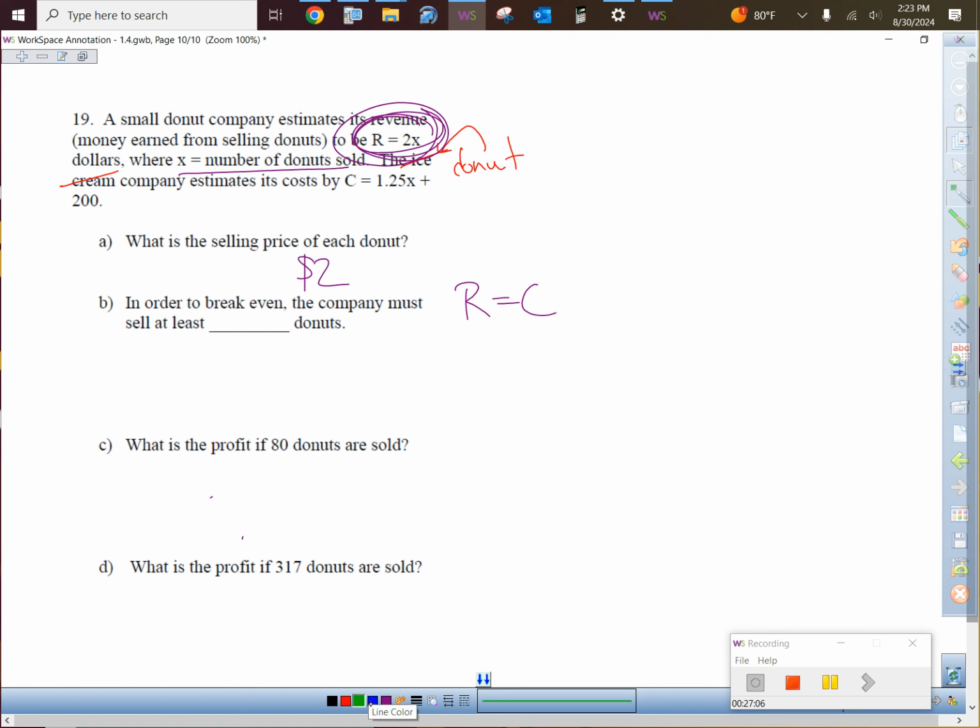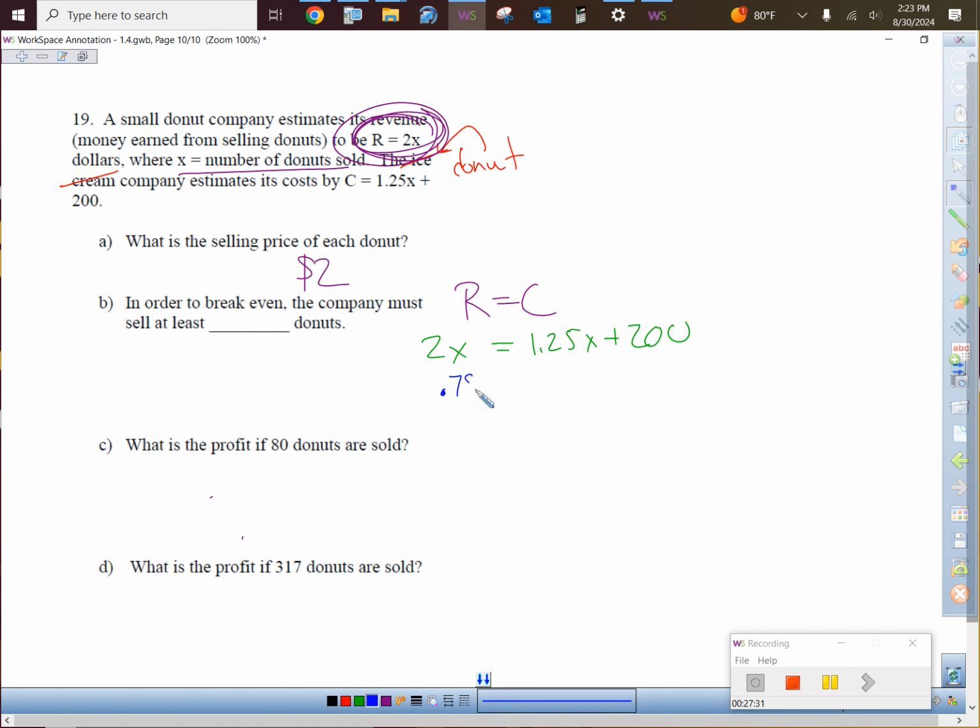Nice. Gotcha. So I'm going to set those two equations equal to each other. R is 2x. And cost is 1.25x plus 200. Do you see, like, the revenue is 2x, and the cost is 1.25x plus 200. So I wanted to know where they broke even at. And just solve that for x.